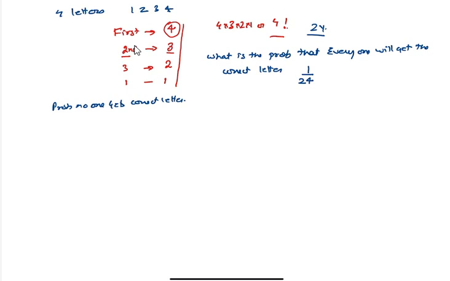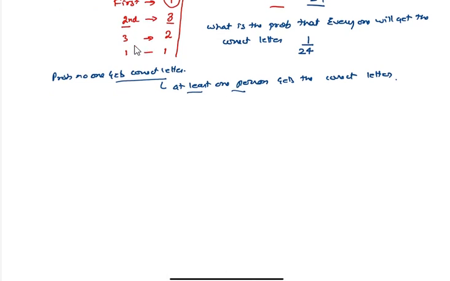It's a little bit challenging to calculate, and easier to calculate is that at least one person gets the correct letter. Now that seems straightforward, but how do we actually measure it?